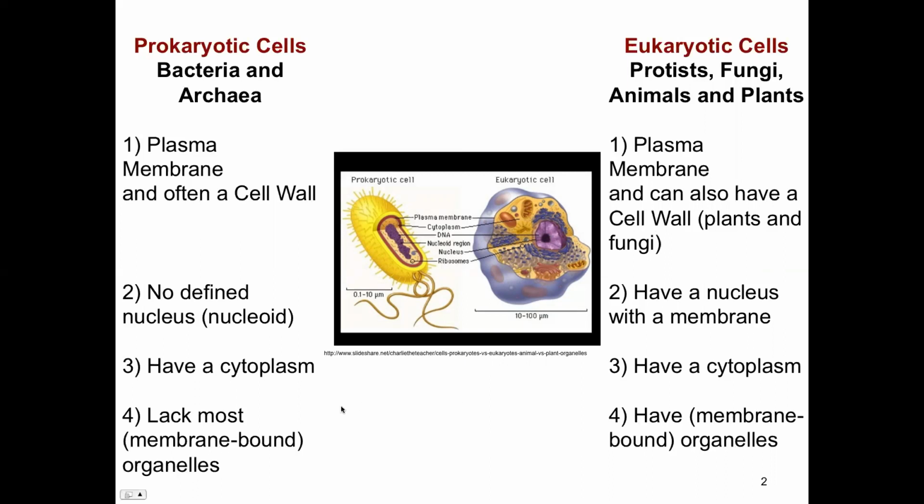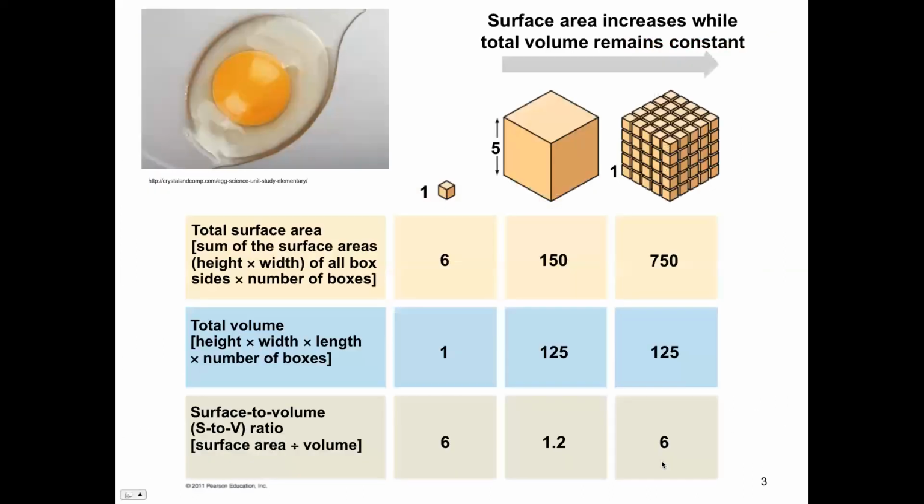Cytoplasm, of course. Bacteria lack most organelles, membrane-bound ones, whereas, of course, we do have those, right? Now here, I wanted to go over the importance of surface area. And you'll see in my notes too, I started drawing some stuff to try and explain how cells try to increase their surface area versus what you're looking at here with the box.